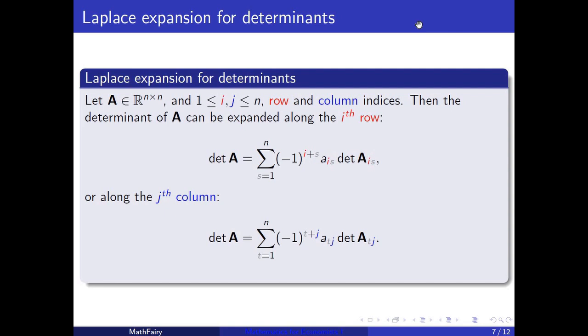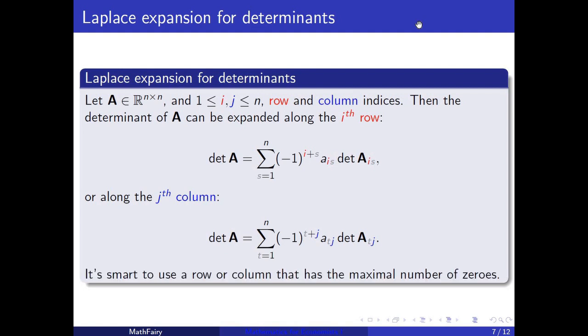So notice that we are going through that row, taking the elements as weights, and also adding signs appropriately in front of these weights, and then multiplying these together with the appropriate minor determinants, and then adding everything together.